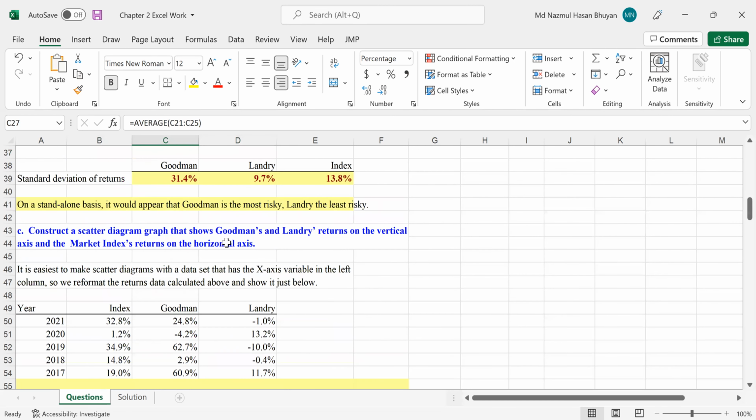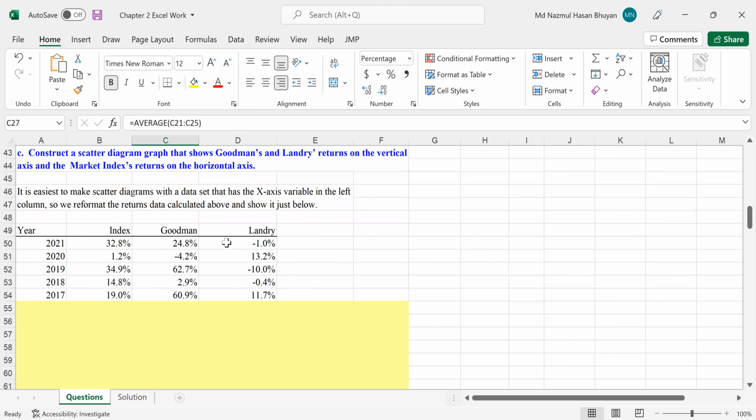Next, we are gonna draw a regression line for both of the companies on the market index. So in this case, the return of the company should be Y value, and then return of the market should be the X value.